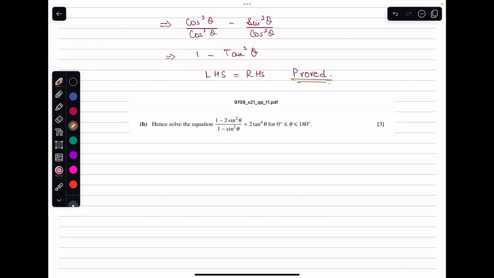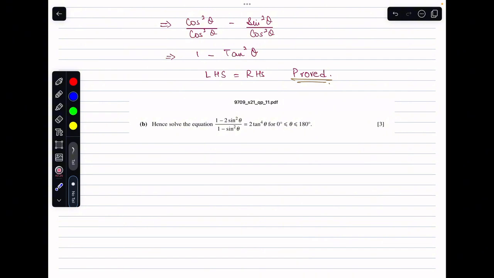So solving the second part of the question, it says, hence solve the equation, meaning I should be using the results from part A. So hence solve the equation (1 minus 2 sine square theta) divided by (1 minus sine square theta) equals 2 tan to the power 4 theta, for 0 to 180 degrees.